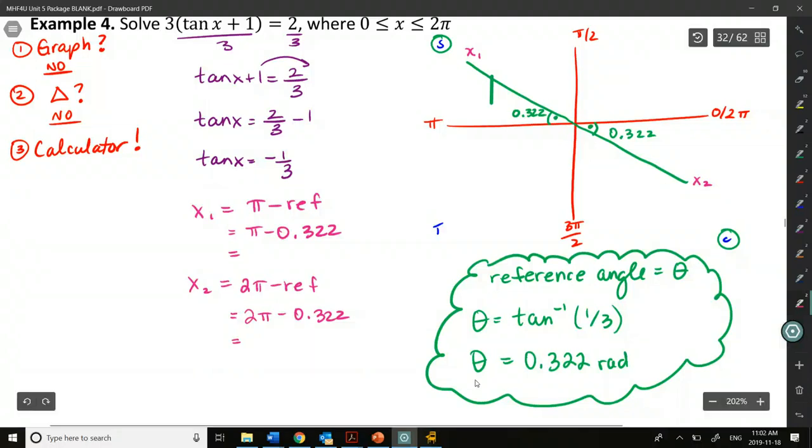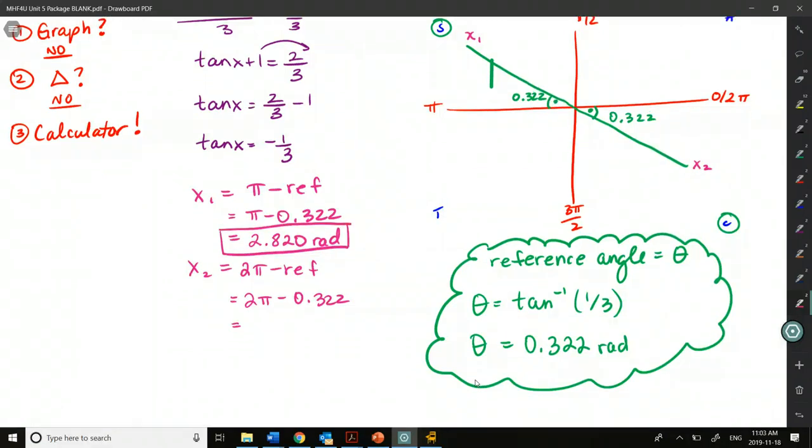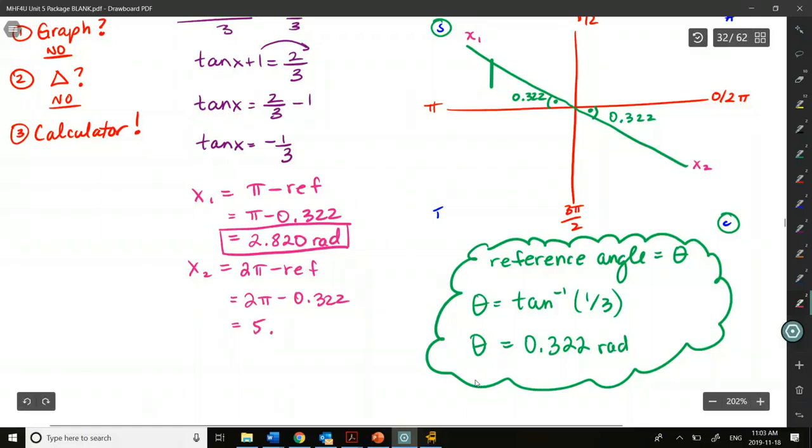Alexandra? The first one is 2.820, how many decimals do you want? 3. 2.820 radians. Okay, and then the second one. 5.961, 3 decimals, please.